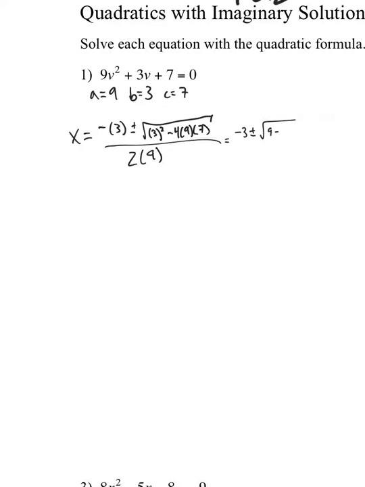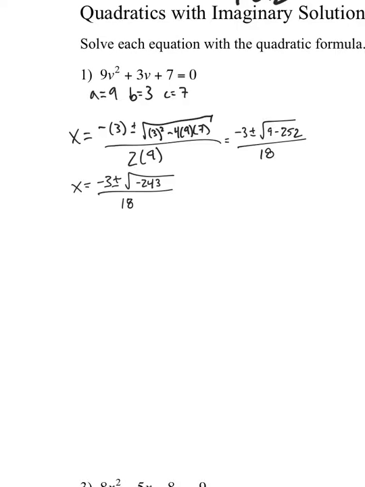So 4 times 9 times 7 is 252, so minus 252, all over 2 times 9, that's 18. 9 minus 252 is negative 243. We've got x equals negative 3 plus or minus the square root of negative 243, all over 18.